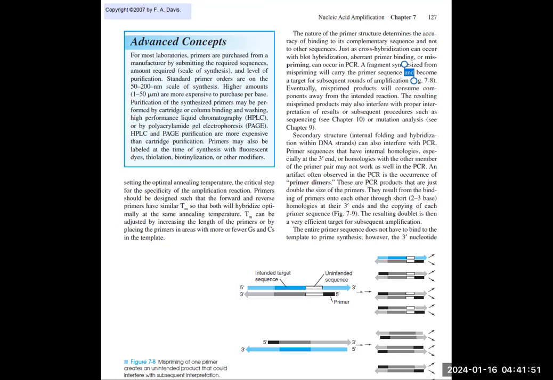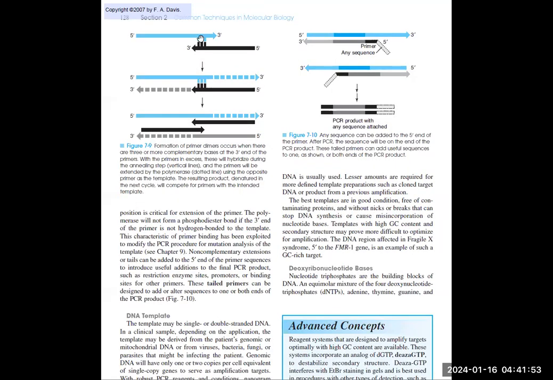This is the generation, like at the 3' end, forward and reverse. And take note that, for example, these bases are complementary to each other. Like, for example, this one is A to T, C to G, C to G, C.